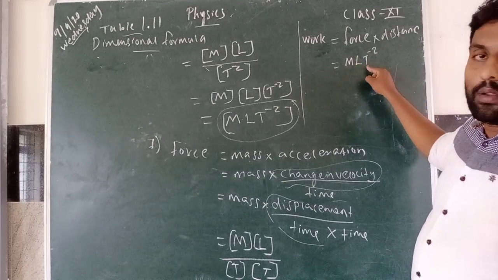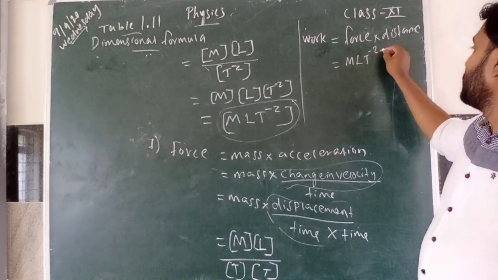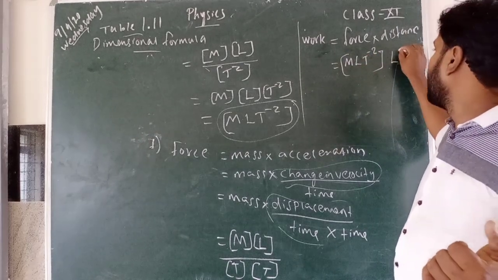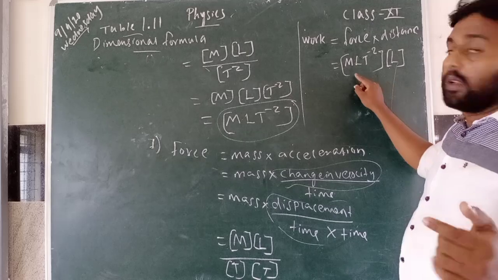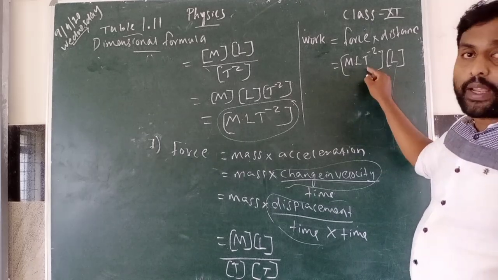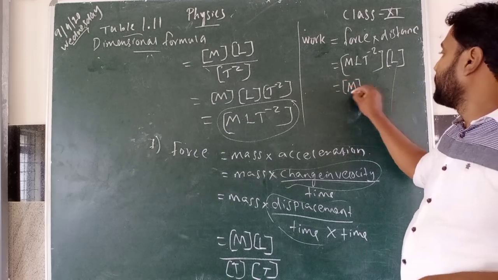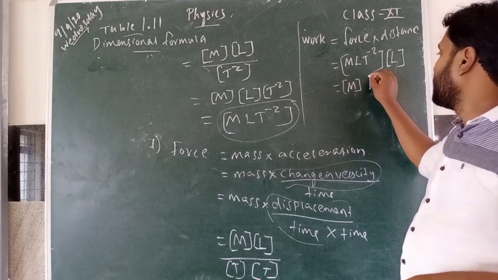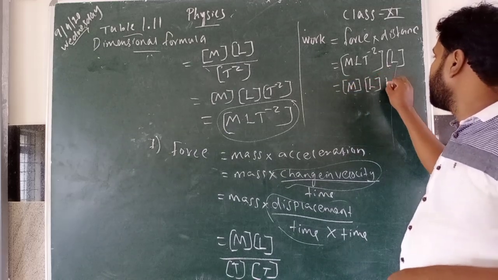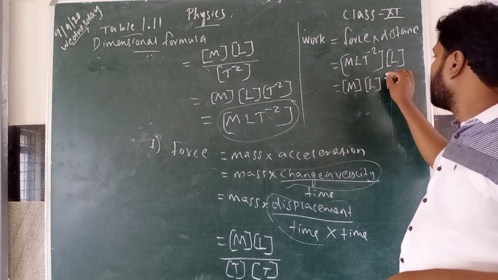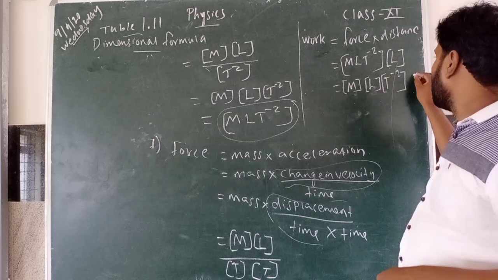M L T power minus 2 into L. Distance means what? Length. So L. Now separate this bracket. M L T power minus 2, L.